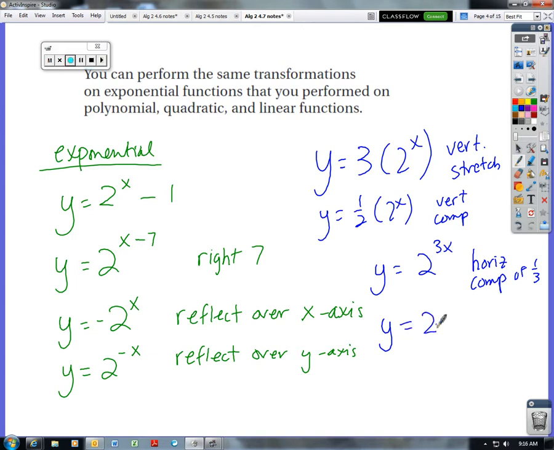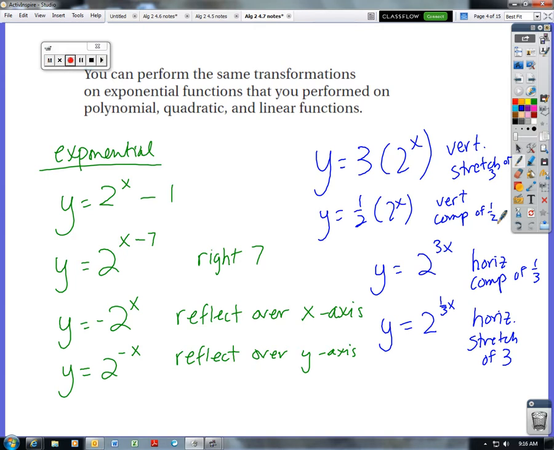And then if you had a fraction like 1/3 x, because it's with the x, it's still a horizontal change, but in this case, it's the reciprocal of 1/3, which is 3, so that's going to be a horizontal stretch of 3. Okay, I guess I should have said on this one vertical stretch of 3, and this was a vertical compression of 1/2. By a factor of 1/2 is how we usually write that out.